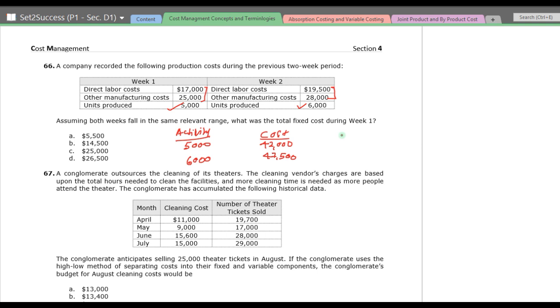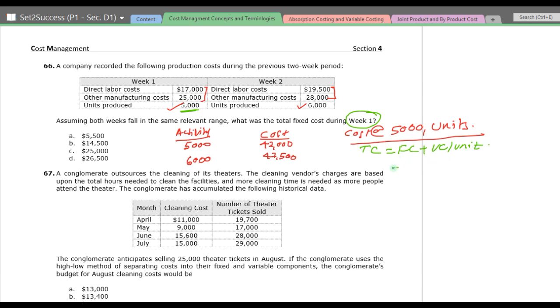So total cost at 5,000 units, that is week 1 we have 5,000 units. So let us find the total cost. So total cost is equal to fixed cost plus variable cost per unit.